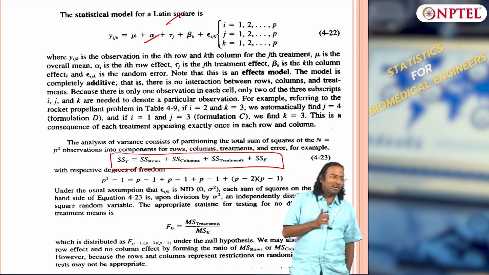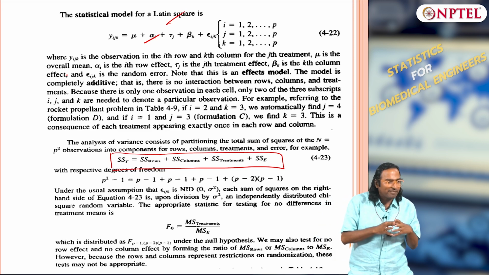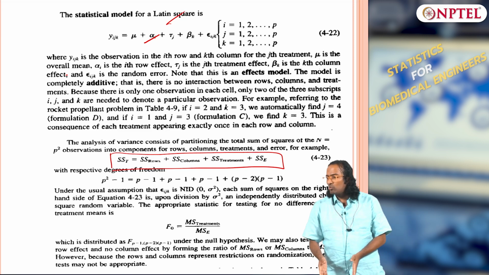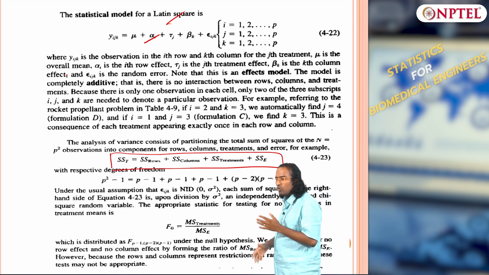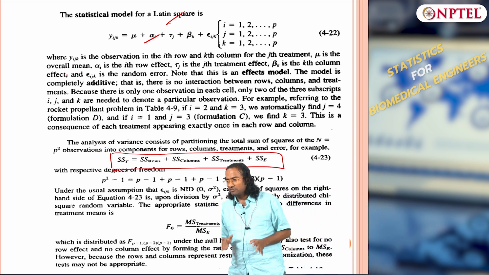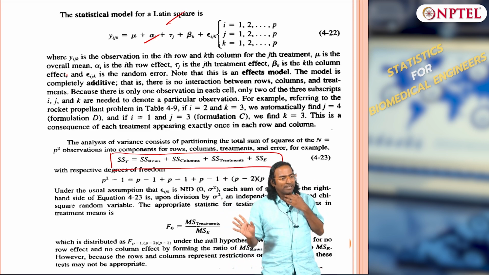The treatments are not interacting with rows and columns, and rows and columns are not interacting with each other. Okay, that is the assumption. That is why I could simply split the total sum of squares into treatment, rows, columns and error. Okay, clean. So this is a no-interaction model.